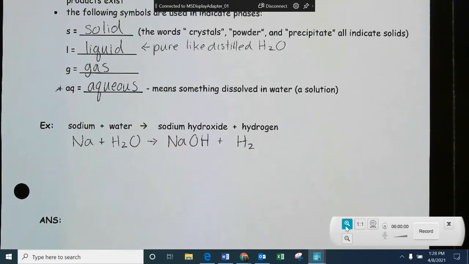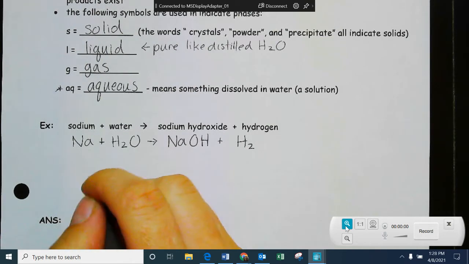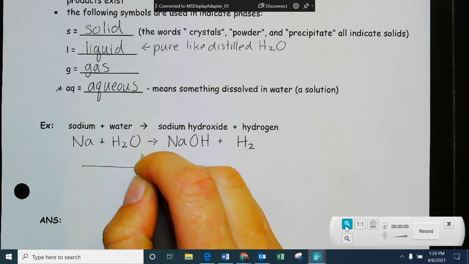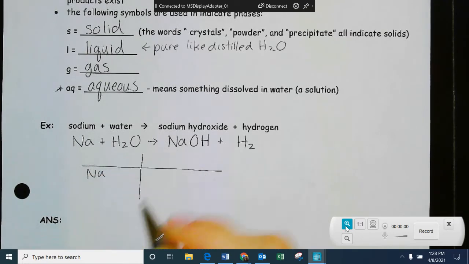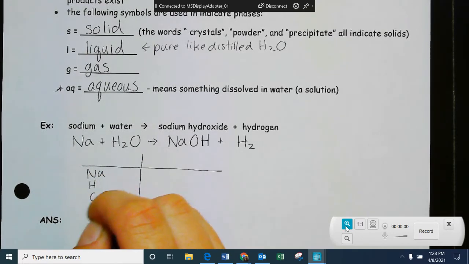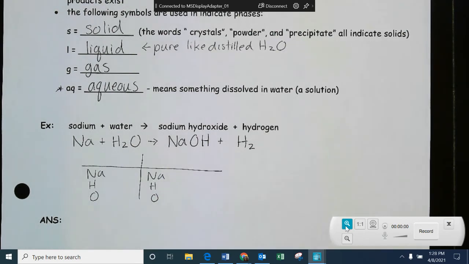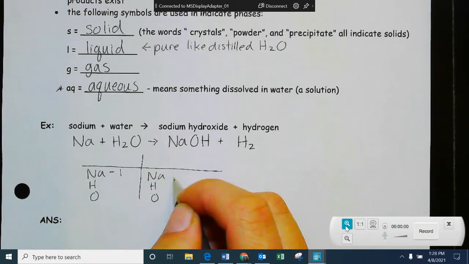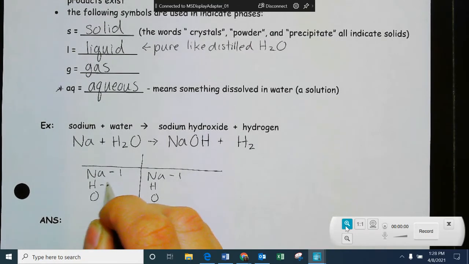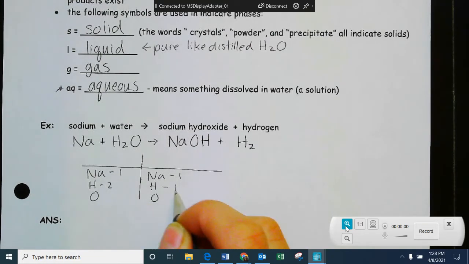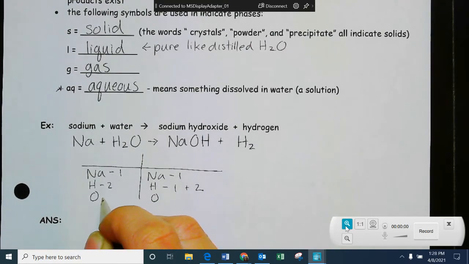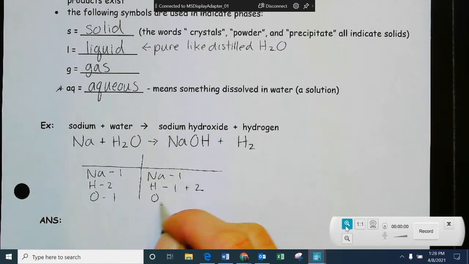For our balanced equation, we can do our table here. We've got 1, we've got 2, 1 and 2, we've got 1, and we've got 1.